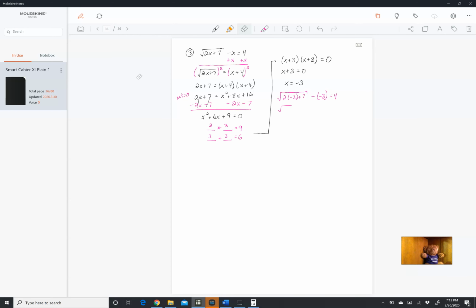So we have -6 plus 7 plus 3. This is the square root of 1 plus 3. And 1 plus 3 is equal to 4. This is not extraneous. This is an answer.